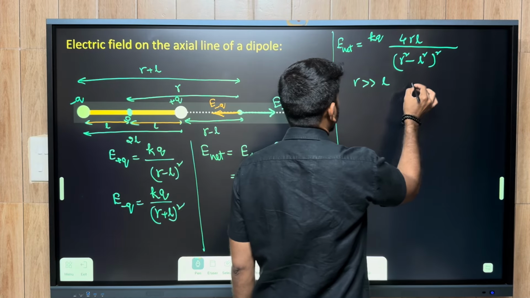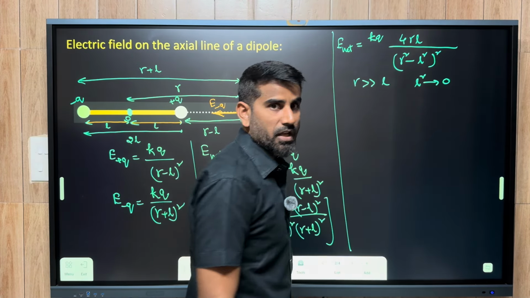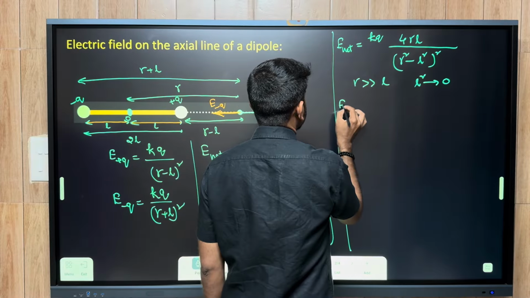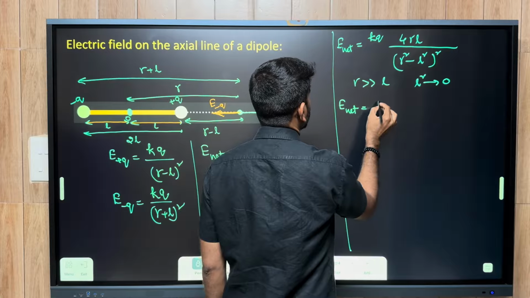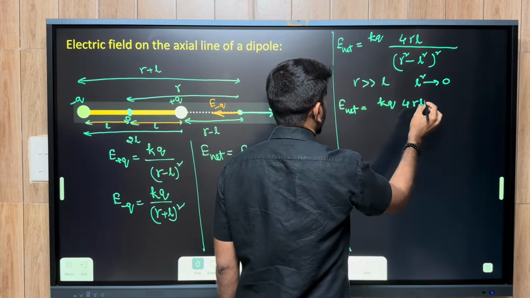Then L square almost tends to 0. Then E net is equal to KQ 4RL.